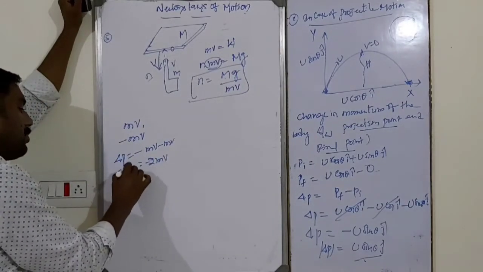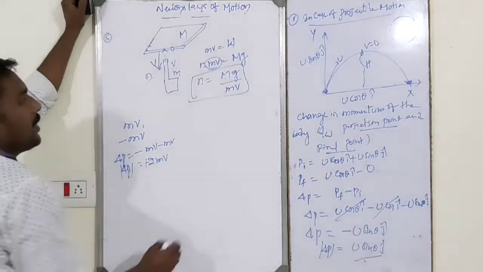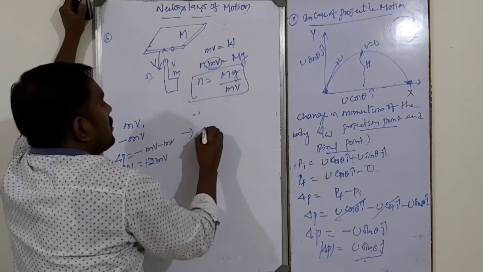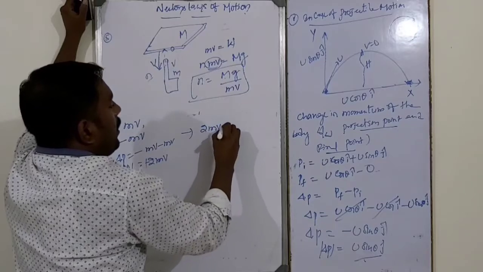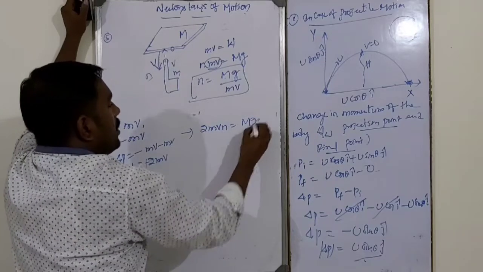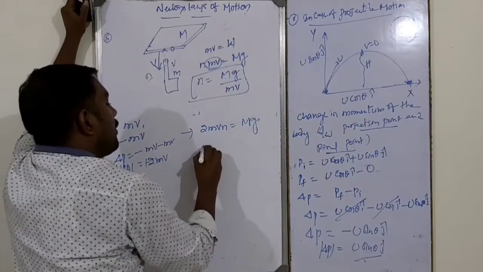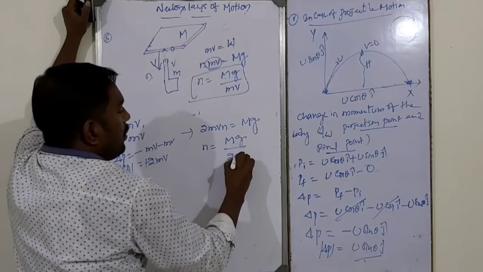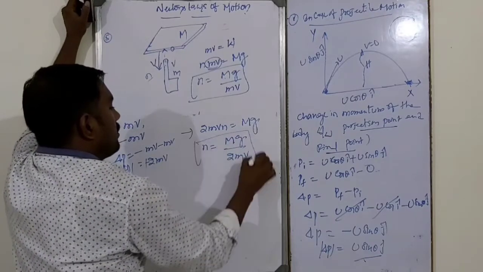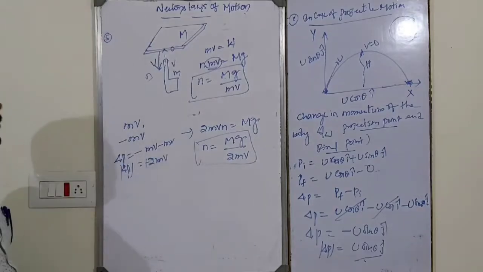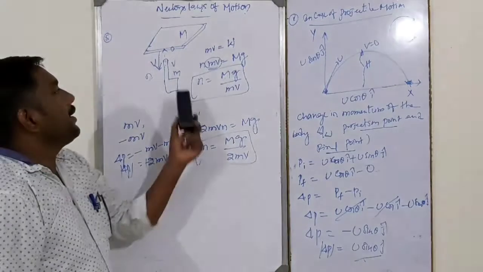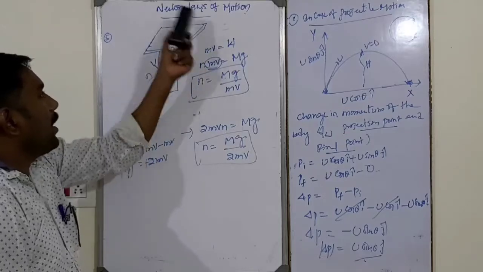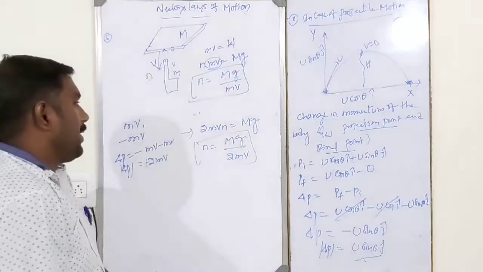I will take the magnitude of the momentum, so it is taken as positive. So in this case 2mv n is equal to Mg. I want the number of bullets fired per second: Mg by 2mv. This is the number of bullets fired from the gun. So the total momentum of the bullets is controlled by the weight of the metal plate.